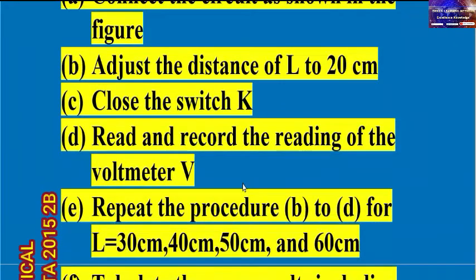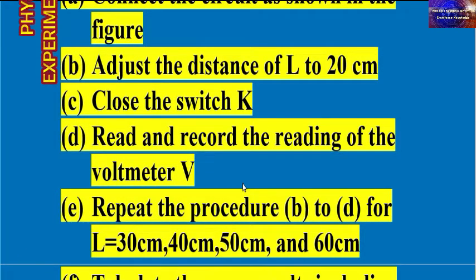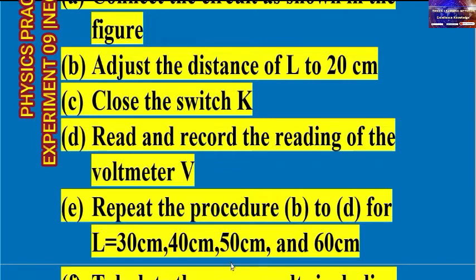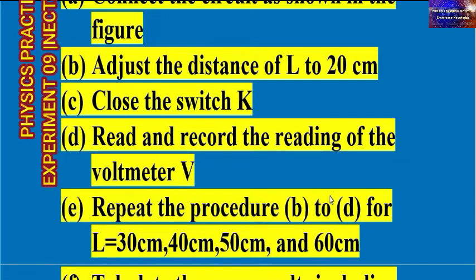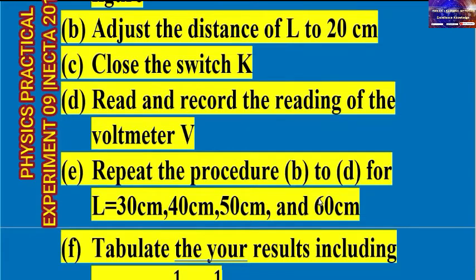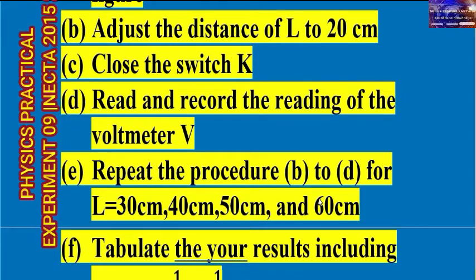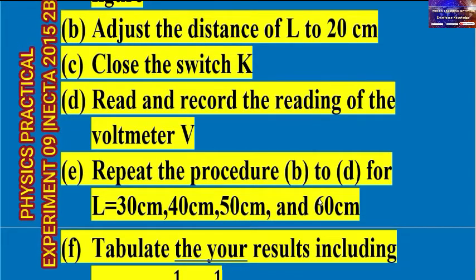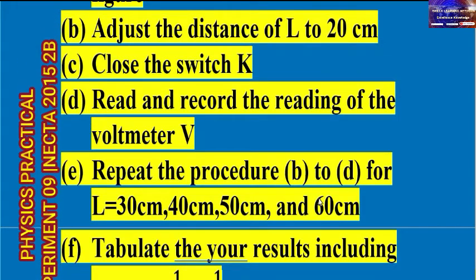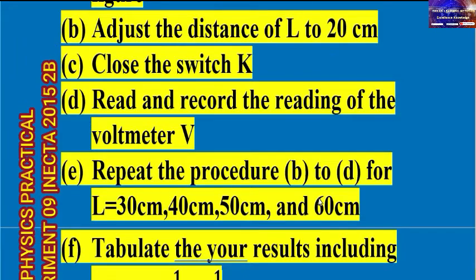Then you repeat procedures B up to D by changing the length of the constantan wire to 30, 40, 50, and 60 cm. At the same time you change the length, you record the value of the voltmeter to get the corresponding data, V and L, the length.